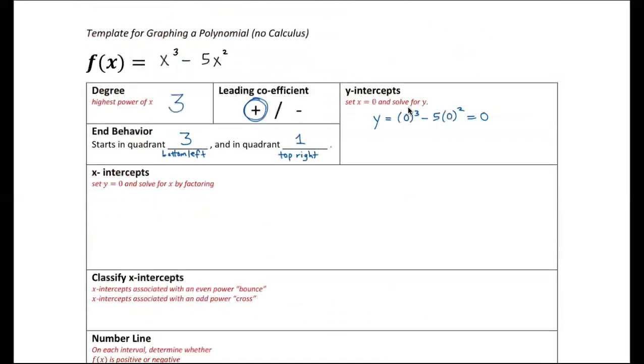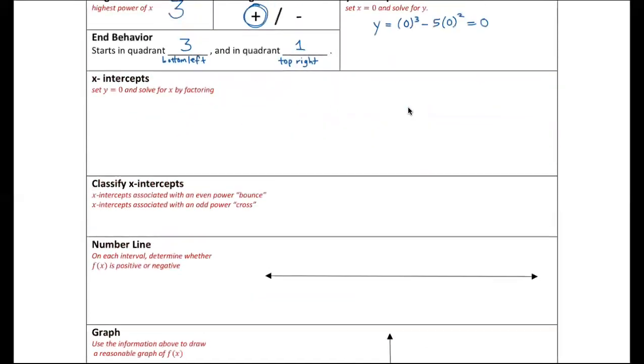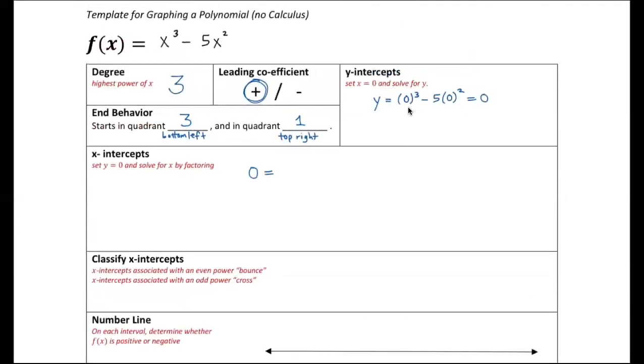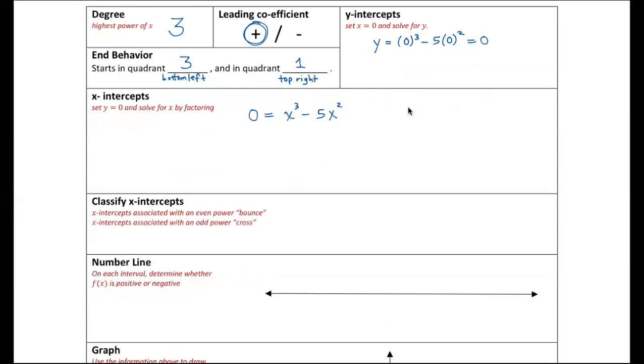Okay, the next thing that you might want to do are the x-intercepts. It says we're going to set y equal to 0 and solve for x using factoring. So let me plug in, this was x to the 3 minus 5x squared. Now it says that we're going to want to factor. In this case, we're lucky. Both of these terms have some x's in them. In fact, we could factor out 2 of them.